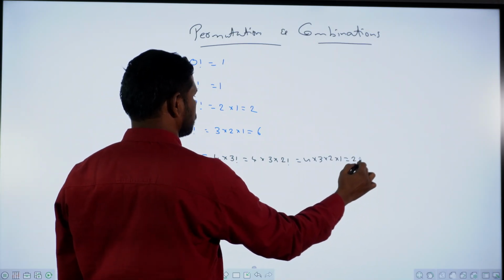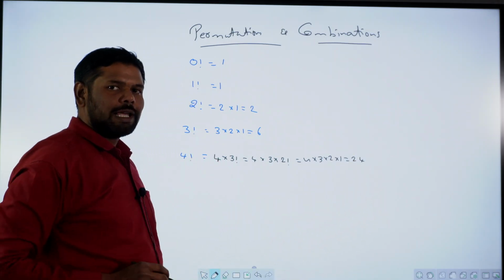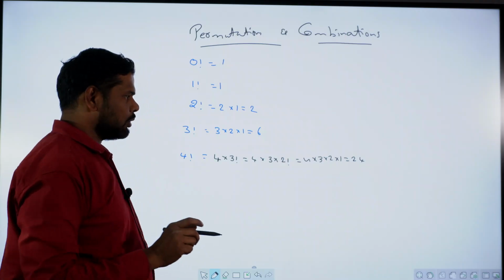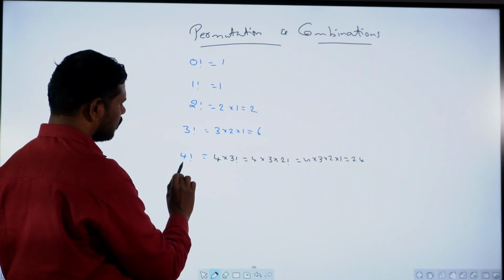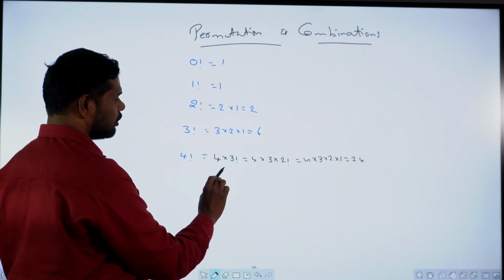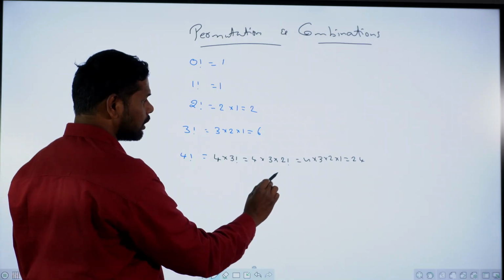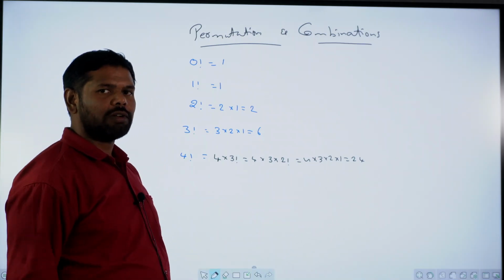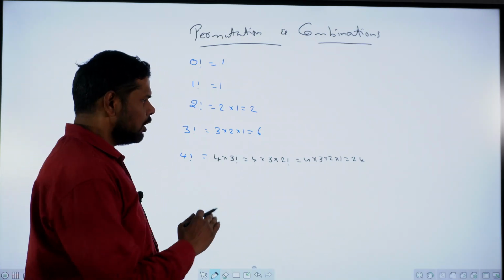Value is same, 24, but for easy calculation purpose we can rewrite that 4 factorial as 4 into 3 factorial or 4 into 3 into 2 factorial or 4, 3, 2, 1.